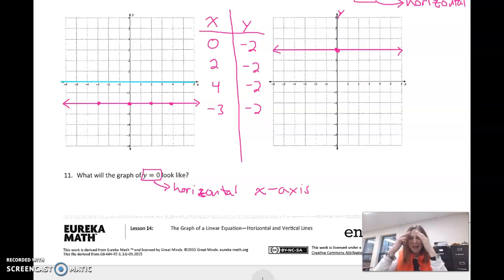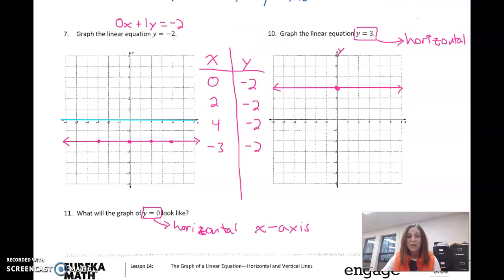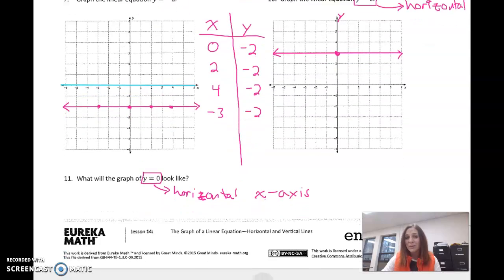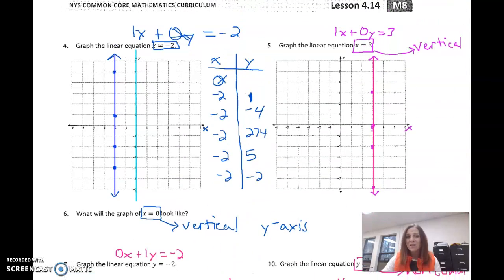So it's a little bit of opposite thinking here, but just remember, we're not talking about the x-axis and the y-axis. We're talking about what the line looks like when our values all have to be y equal to -2 or x equal to -2. And that's what gives us our line, either a vertical or horizontal line.